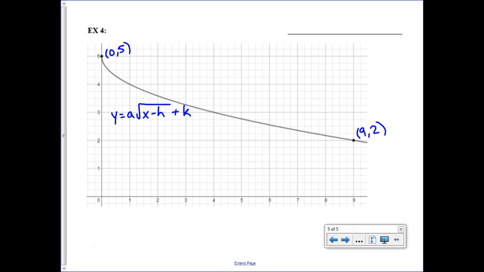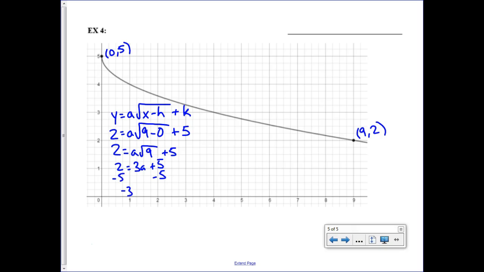So then my random point, my 2, is my y value, a. My x value is 9 minus 0, and then plus 5. So 2 equals a times the square root of 9 plus 5. So 2 equals 3a plus 5. Subtract 5 from both sides.